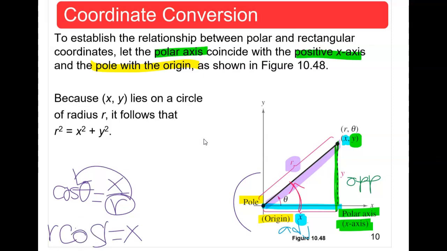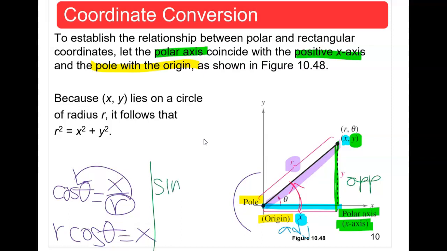Oops, I didn't leave room for theta. R cosine theta, and that's how I'm just going to rewrite it. R cosine theta is equal to x. And similarly, we could find a relationship for sine.